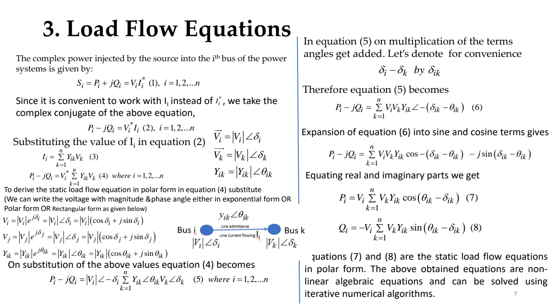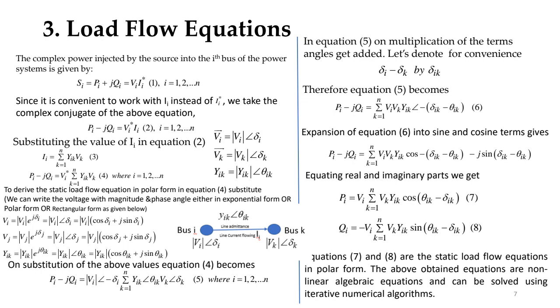So when you take the complex conjugate, we have Pi minus jQi, which is equal to Vi star times Ii, which is equation 2. It is easier to represent the current as Ii instead of writing the conjugate current.